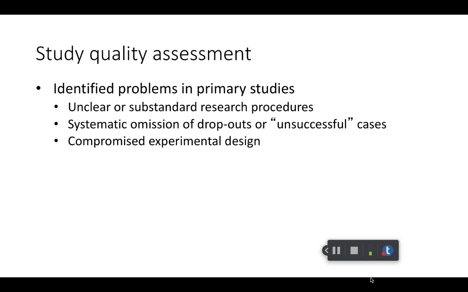But some of the studies systematically omitted families and youth who had dropped out or were, quote, unsuccessful. And they ended up comparing, quote, successful MST cases to all of the other cases in a comparison group. And that's not truly an experimental design.